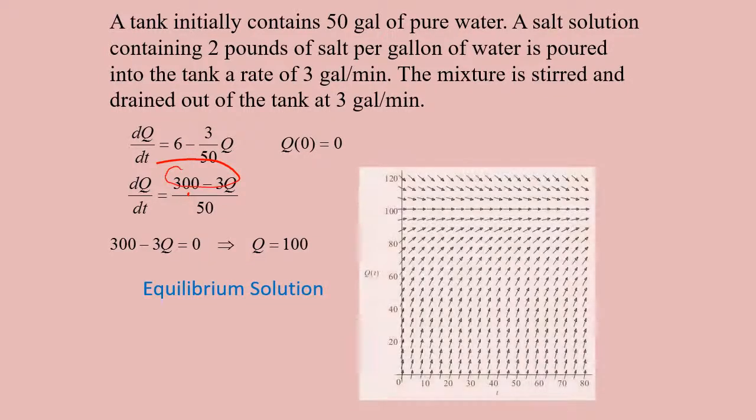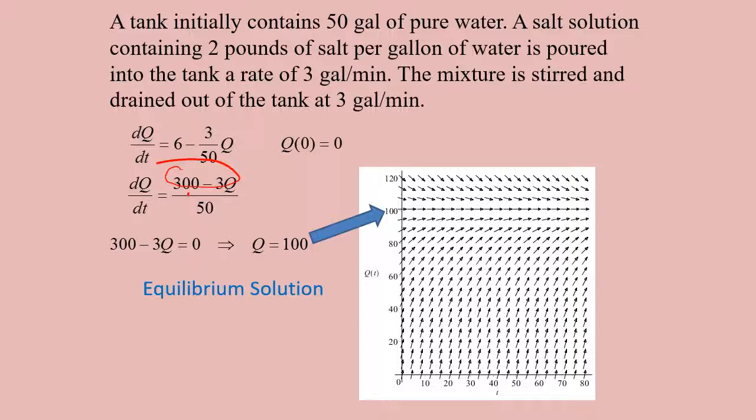So here is the graph of the slope field, and notice that at 100 we have a constant solution. Now that kind of tells us that if we start off with any solution below 100, as this is mixed and drained and more stuff is poured in, it's going to eventually reach 100.